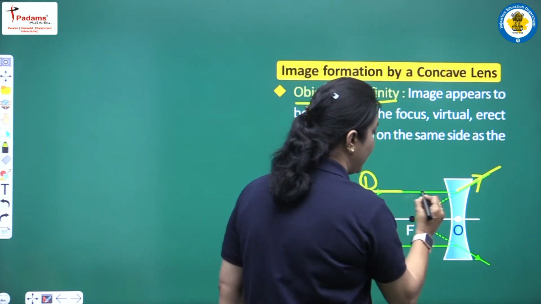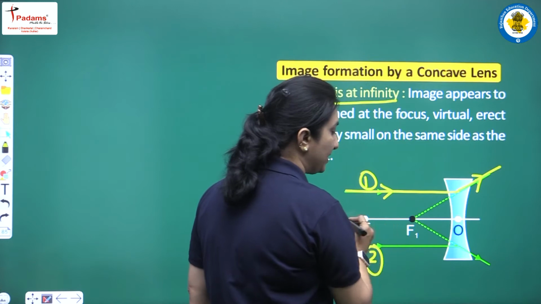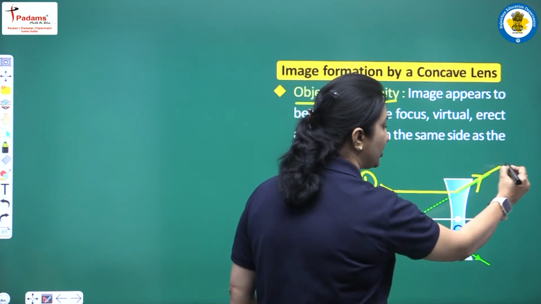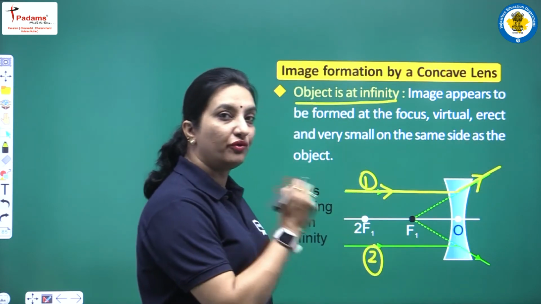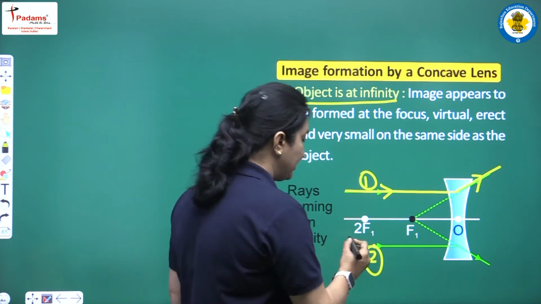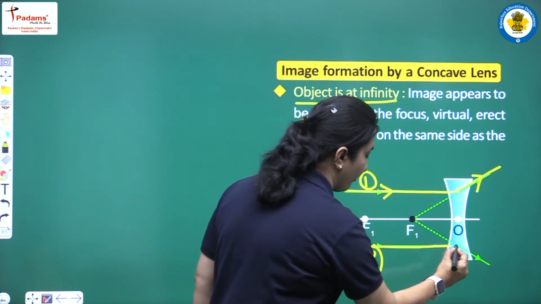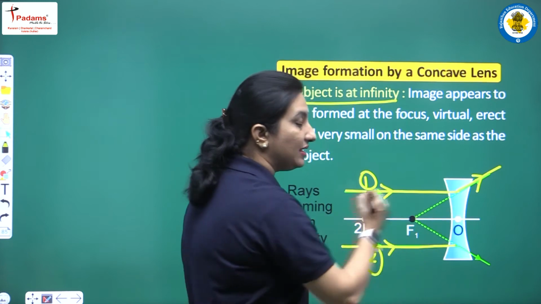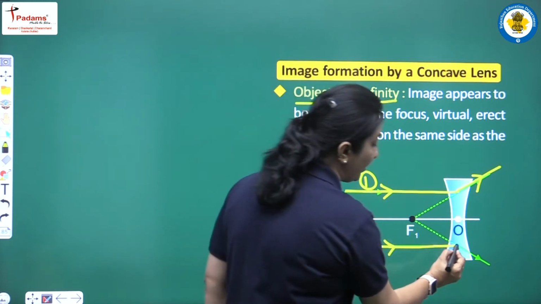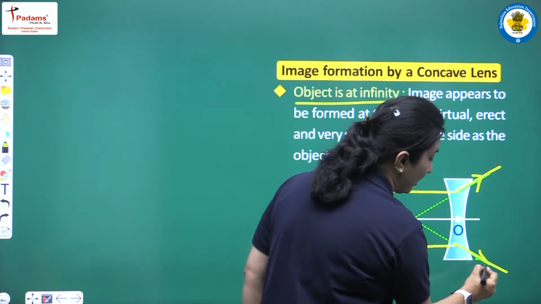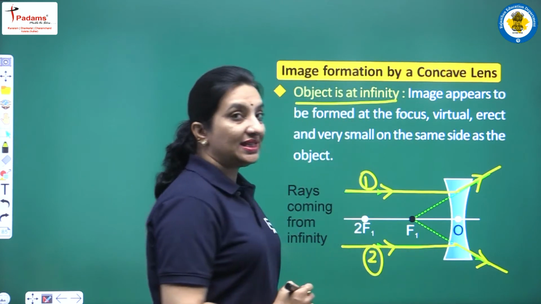So this ray of light which is coming parallel to the principal axis, after refraction through the concave lens, moves in this direction. And similarly, the other ray of light which is again coming parallel to the principal axis, after refraction through the concave lens, moves in this direction.